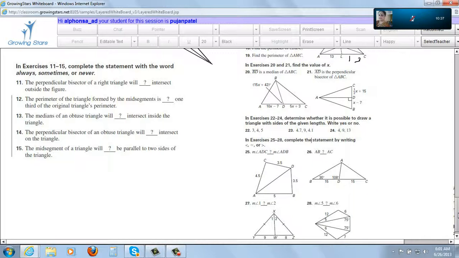Then you have the perpendicular bisector of AB. It's again going through the midpoint of AB and it's going to be perpendicular to AB. And what about AC? Again, you find the midpoint of AC and then draw a line which is at 90 degrees to AC.